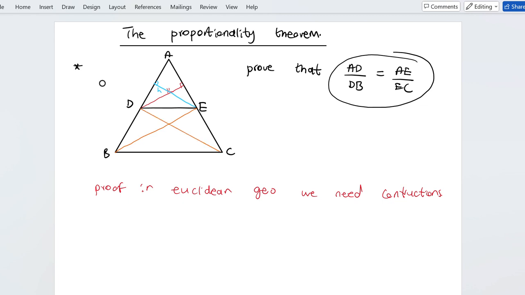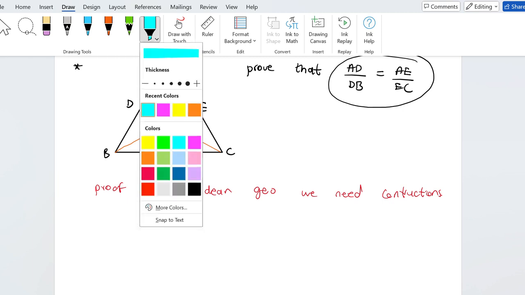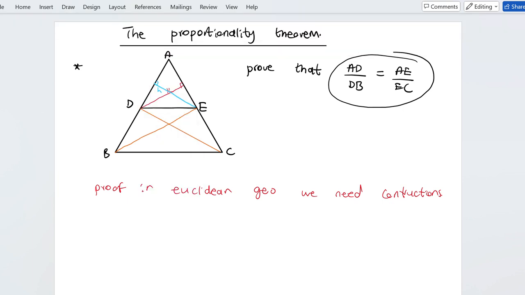Okay. So the first thing which I'm going to do is look for triangles which have the height of H. So if you look at this triangle over here, this triangle here has a height of H, which is represented by this blue line.